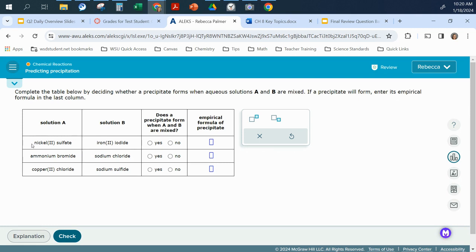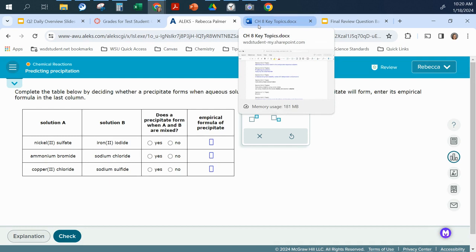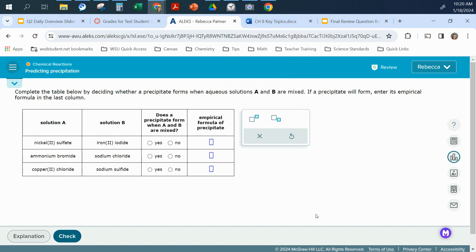Okay. So nickel and sulfate. What they give you should be soluble. So what we're going to check is we're going to take the metal and check it against the anion. Then we'll check iron too, and check it against sulfate, with our table. Let me write it down, and that will help me. So we're looking at nickel 2 sulfate.